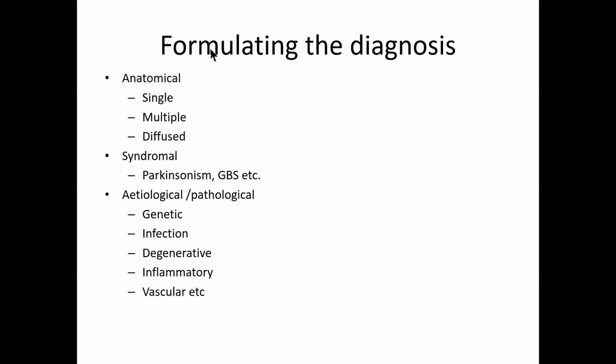So formulating, for example, that someone has a stroke. This patient has a hemiplegia. That's not good enough. Why does this patient have hemiplegia? Is that cerebral palsy? Is that a stroke? Is that a brain tumor? If it is a stroke, why did the patient get a stroke? Because the patient is taking warfarin, that's why the patient got a bleed, or the patient got a head injury.